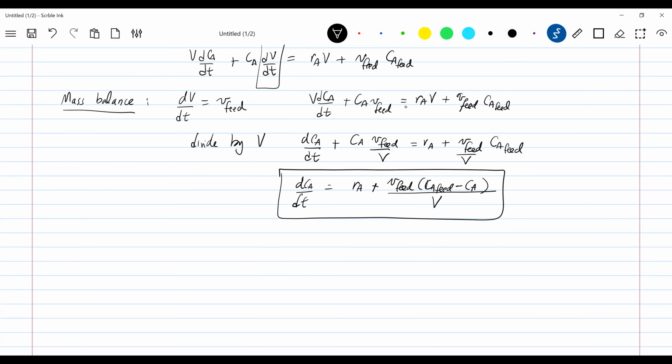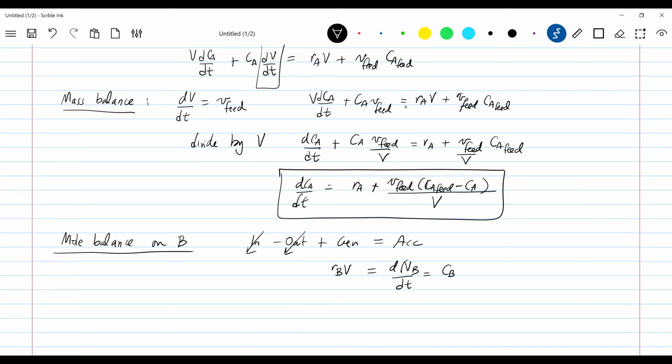So these are the ones we need to derive. We can also do a mole balance on B. We do the same. Here, in fact, there's no B going in or out. So we just end up with RB V equals dNB/dt.